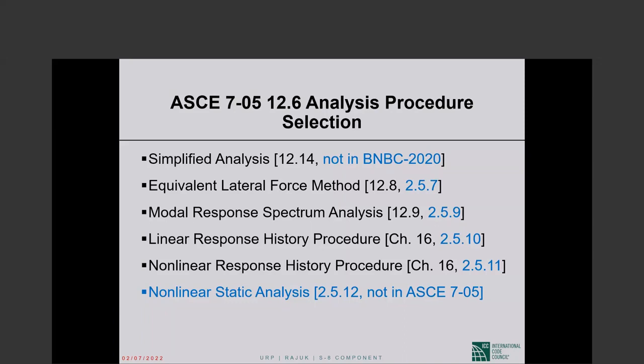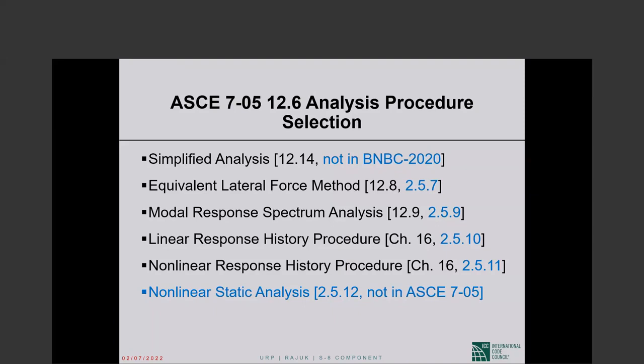Now, nonlinear static analysis was never important, but it seemed to be catching on way back in the, I would say, 70s, 80s. And then it not only didn't catch on, it has totally fallen out of fashion. And our codes do not have them anymore.